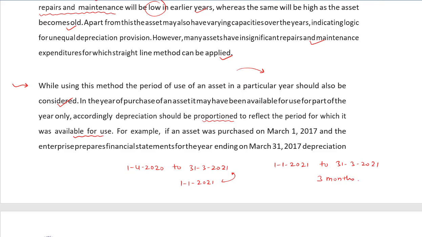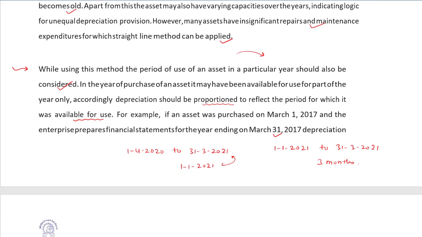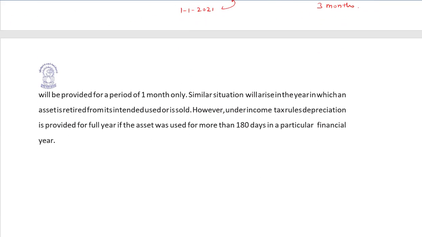Take an example. If an asset was purchased on March 1, 2017 and the enterprise prepares the financial statements on 31st March 2017, depreciation will be provided for the period of 1 month only. Similar situations will arise in the year in which an asset is retired from use or is sold.